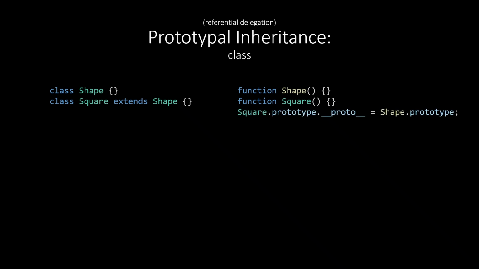So our square expert has the number to the shape expert. Every new square object, if asked to do square type things, will ask the square type guy. And if asked to do shape type things, it will ask the square type guy, who will ask the shape type guy. And this is essentially what really happens under the hood.